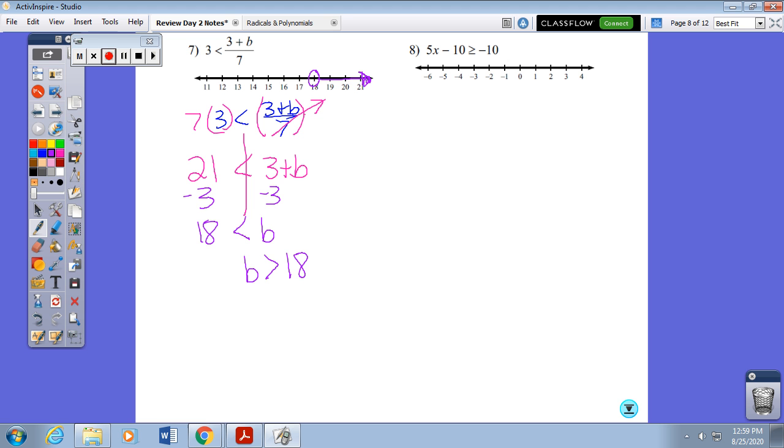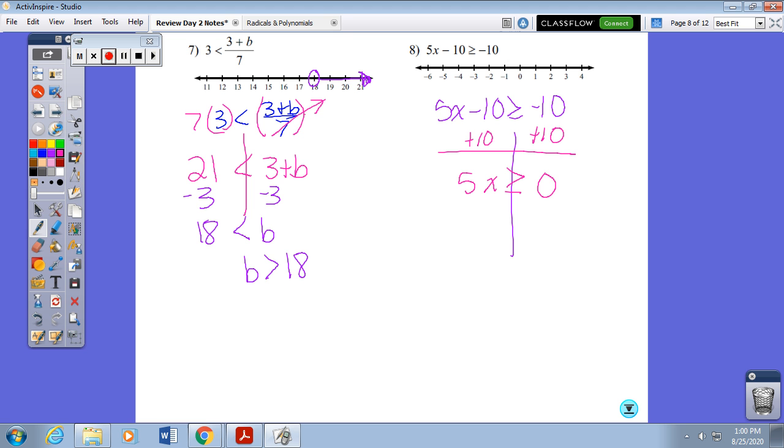Okay, number 8, we have 5x minus 10 greater than or equal to negative 10. Okay, two-step equation, add 10 to both sides. 5x is greater than or equal to negative 10 plus 10 is 0.